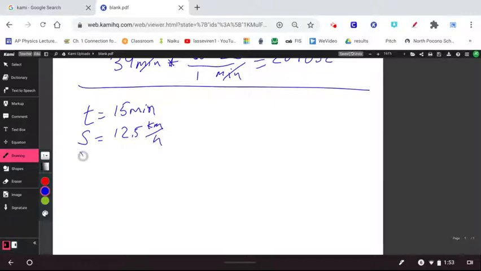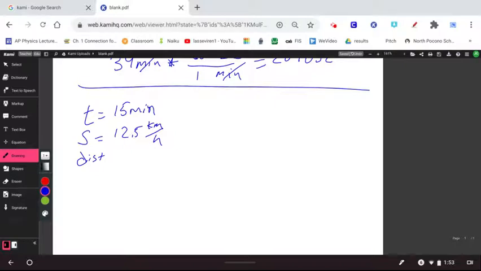And we're looking for the distance. So we have speed, so distance and speed go together. We have minutes and we have kilometers per hour. I would convert them both into seconds, although you could convert kilometers per hour into minutes as well, but if we're going to do this, we might as well go all the way to seconds.